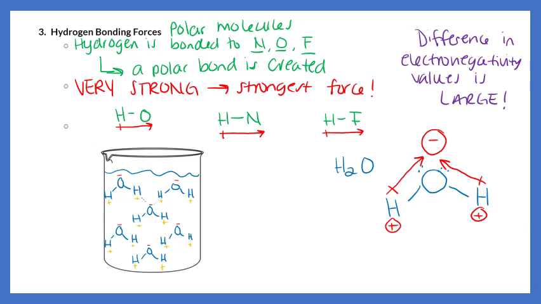And this is why water is very strong as a liquid and able to build on top of that penny and not fall off. It builds because of the hydrogen bonding. And that hydrogen bonding creates those very strong dipoles, those very strong positive and negative charges, which then attract other water molecules to each other.